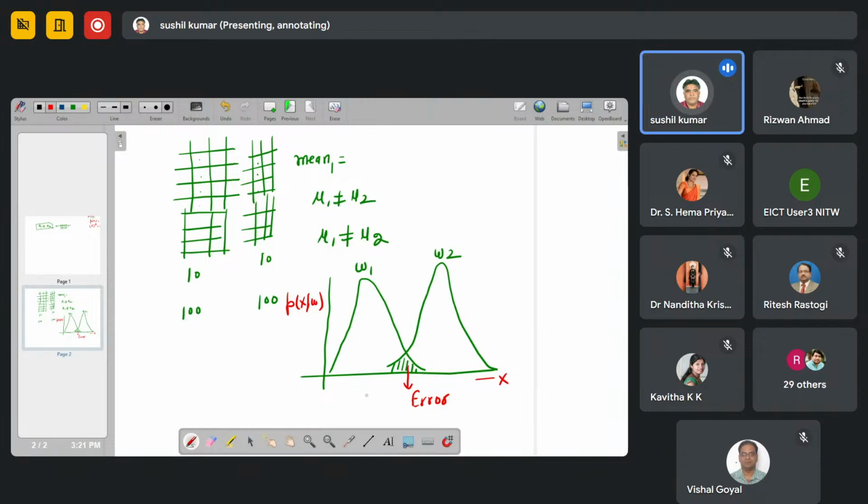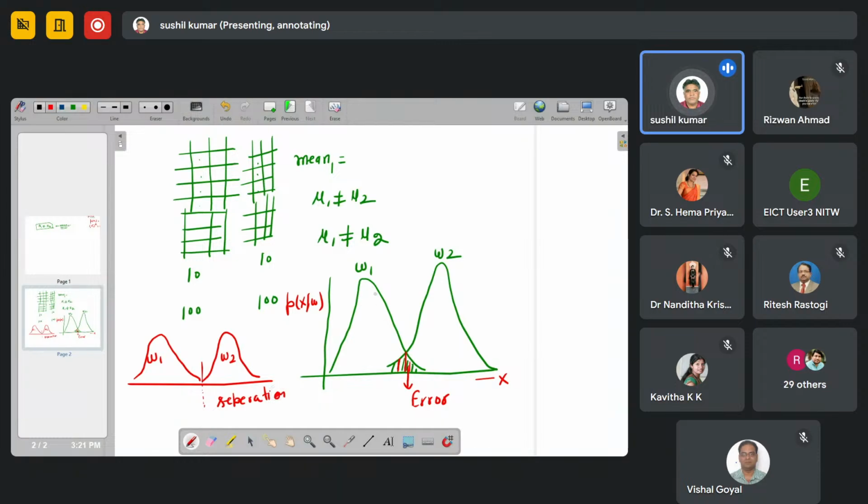So this is the two class problem we are discussing here. If somehow we increase this separation, the graph will look like this one and this one. If this is class omega 1 and this is class omega 2, then there will be no error, because both are totally separate. Separation is proper, so there is no chance that error will be there.